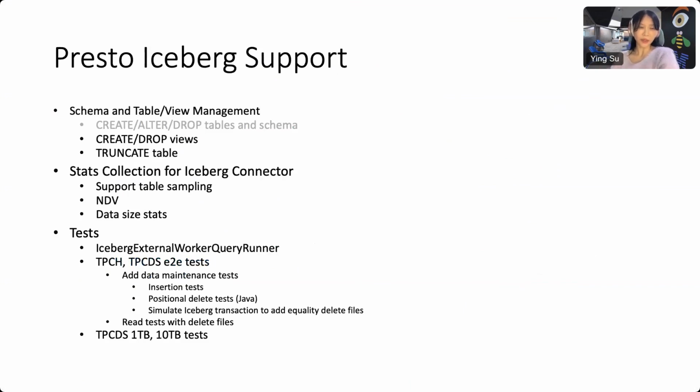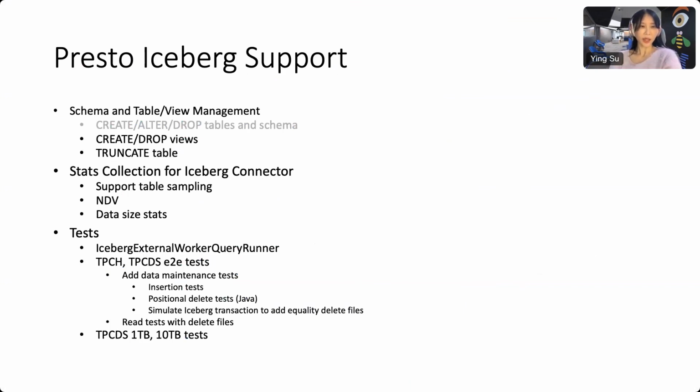And our optimizer team has been very diligently working on stats collection for the Iceberg connector. As you know, Iceberg collects additional statistics in the manifest and also related puffin files. So far we have supported table sampling and distinct values, and also more precise data size estimations.